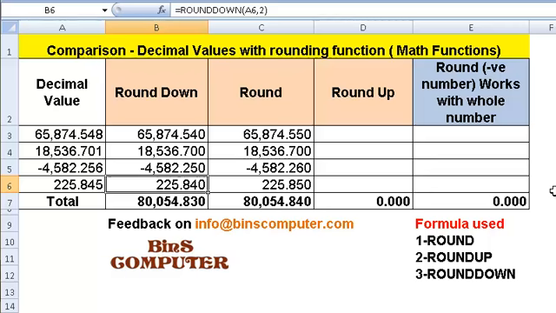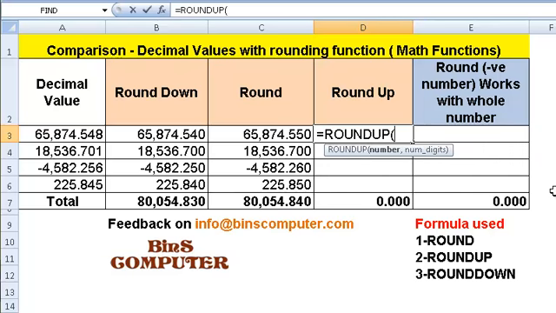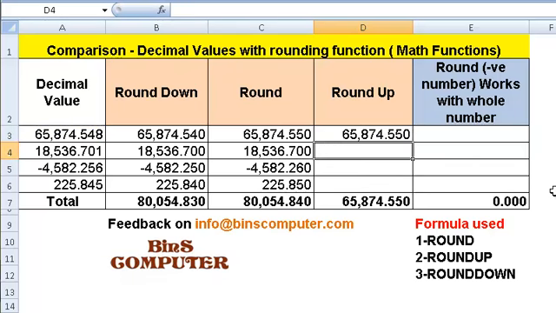In a similar way, the roundup function is just the opposite of round down. It is going to give you the rounded up value of the decimal. The roundup value with two decimal values. See, here you are getting .550. In place of .548, it is going to give you .550, and here in round down you are getting .540.